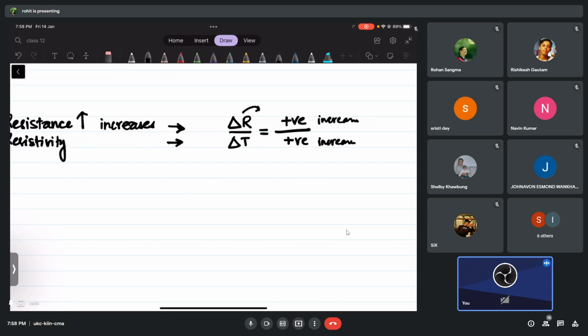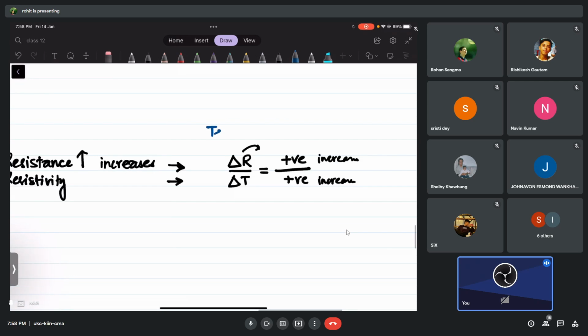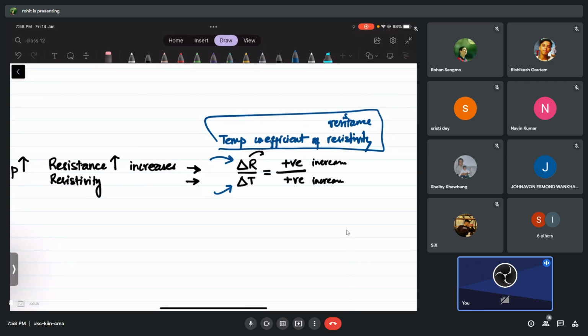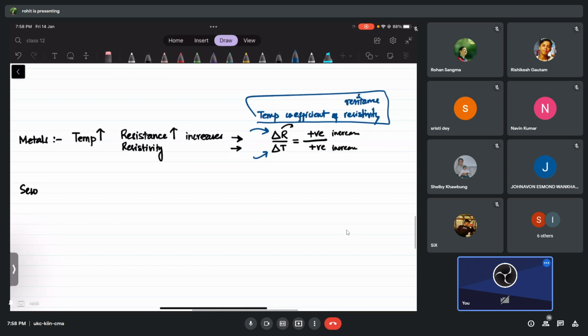This ratio is called the temperature coefficient of resistance or resistivity, okay. Resistivity or resistance, almost the same thing right now. Basically it means the change of resistance per unit change of temperature. In the notes it's written like this: for a metal it is going to be positive. If the temperature increases, resistance also increases.